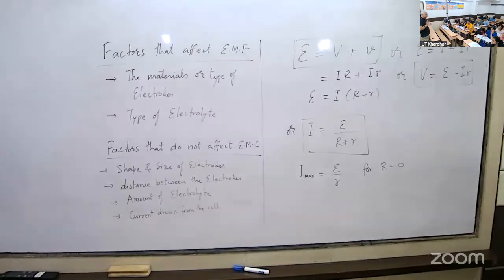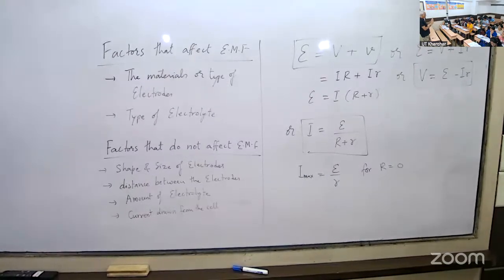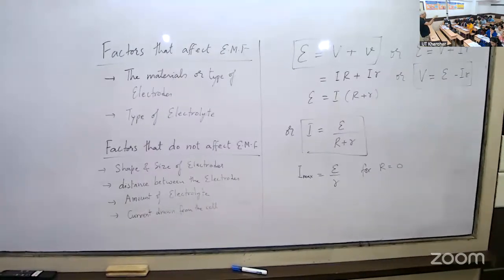Now when you are using the cell, let us say to power a light bulb or torch light, when you begin to glow the torch bulb, the equilibrium is disturbed because the charges from the negative terminal begin to flow and neutralize the charges on the positive terminal. The charge on the electrodes is depleting due to the flow of current.